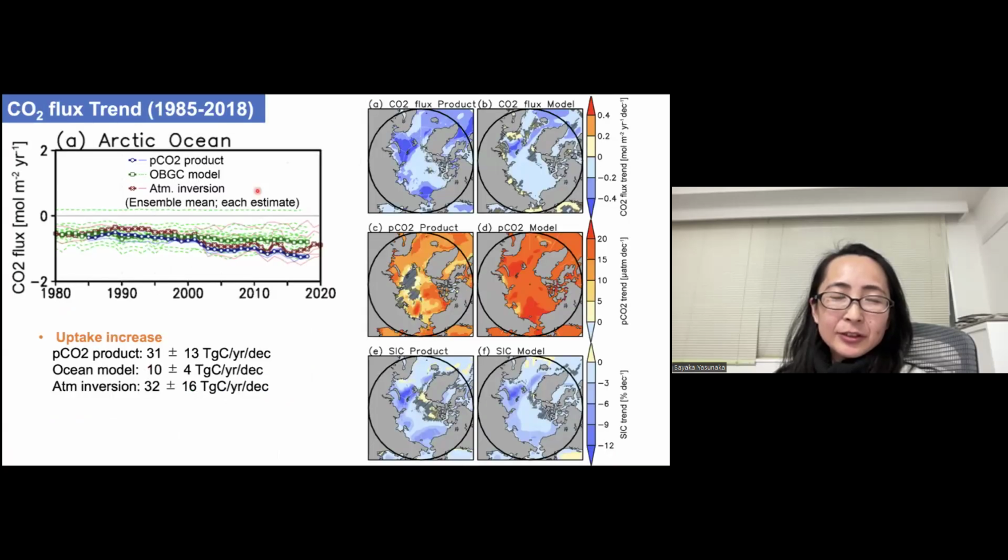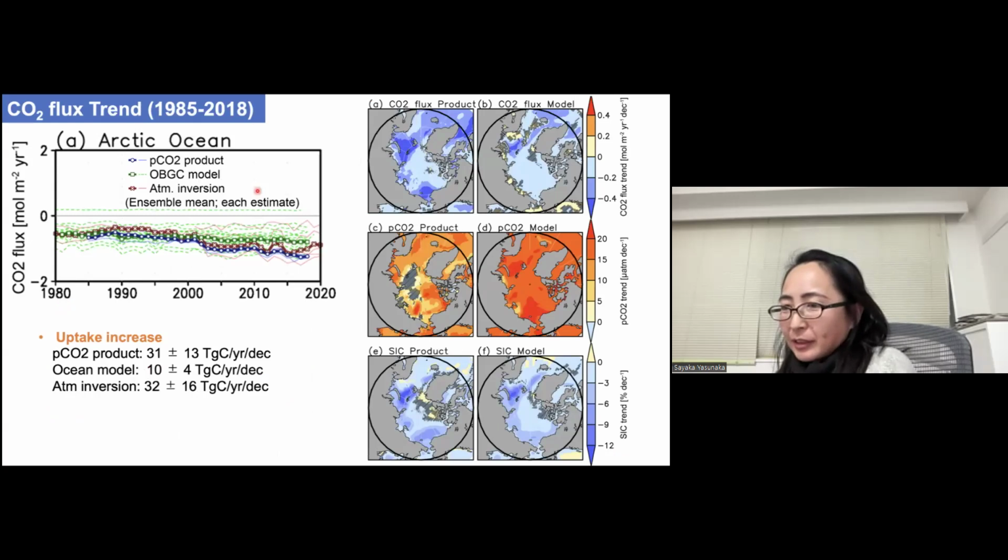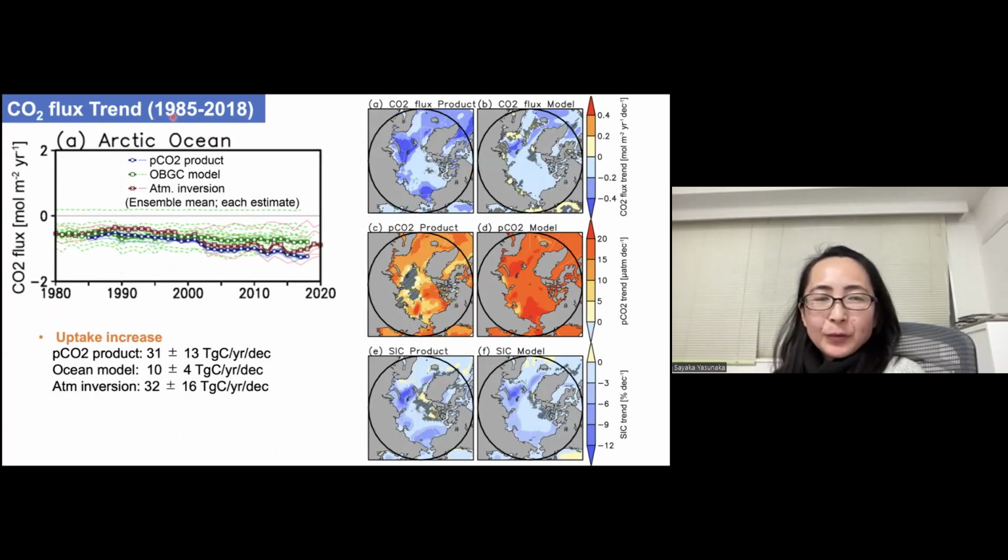All right, next we calculated the CO2 flux trend during this period. This is the time series of CO2 flux averaged over the Arctic Ocean. And we can see the CO2 uptake is increasing gradually.